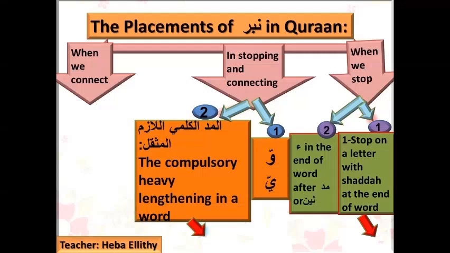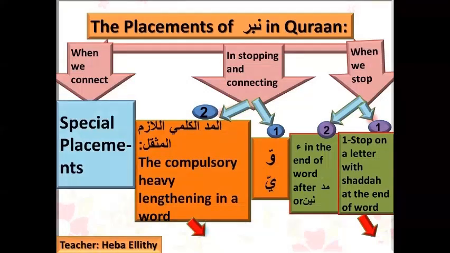Inshallah, we will talk about when we connect, and we said there are special placements for it in the Quran. Today in our class we will explain these placements, and we explain why in these special words we do nabr on it.